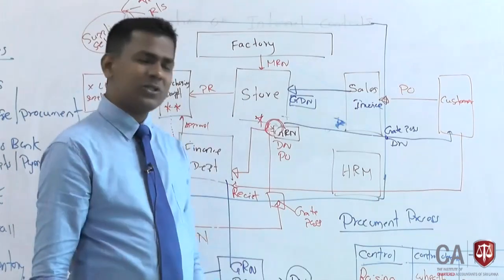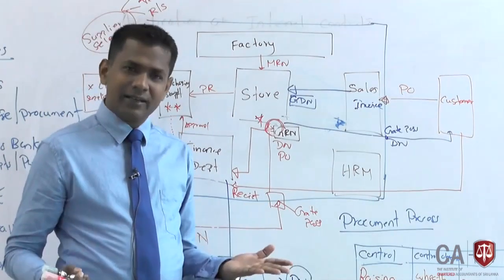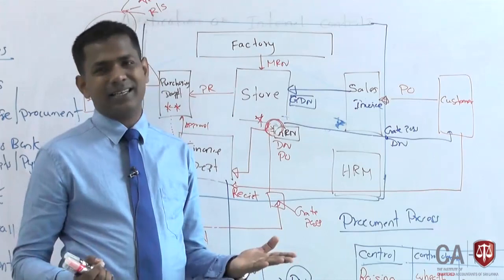In this particular control, what is being ensured in terms of purchasing?